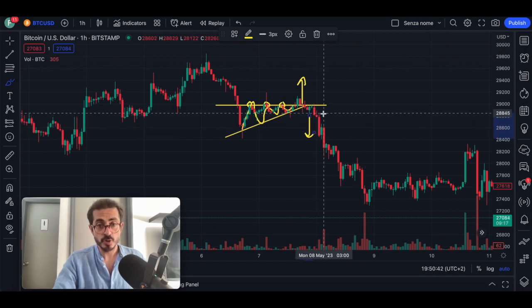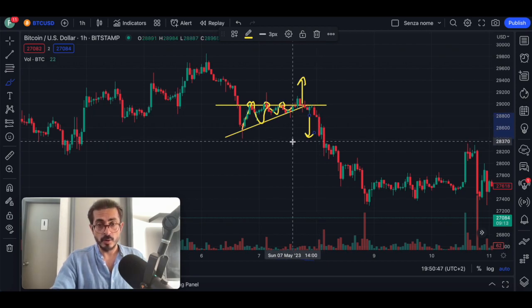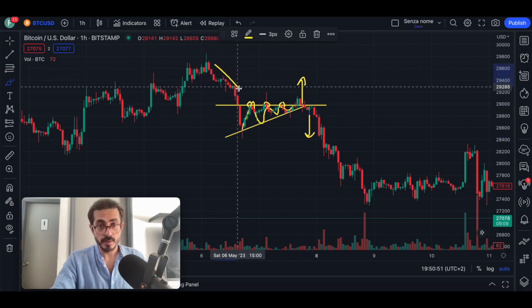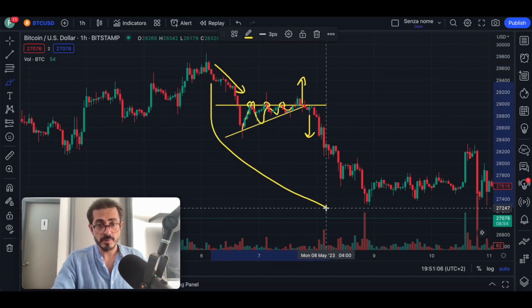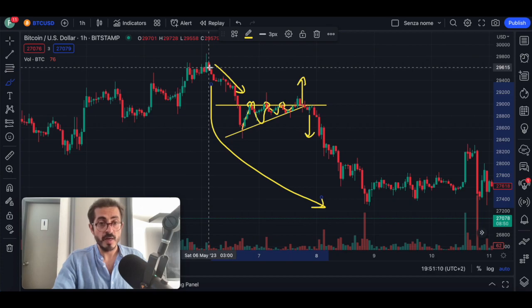In this case we broke to the downside, and that's also what we should expect because we were in a downtrend before the formation of this triangle, and an ascending triangle is a continuation pattern, which means it's supposed to break in the same direction as the trend which anticipated the formation of the pattern.